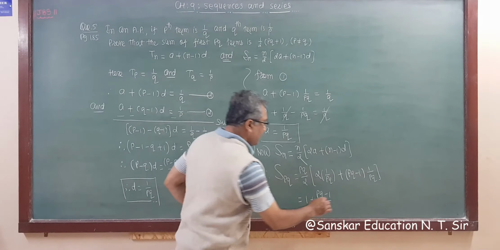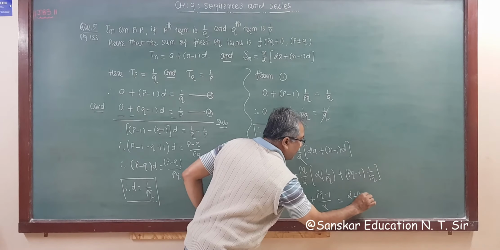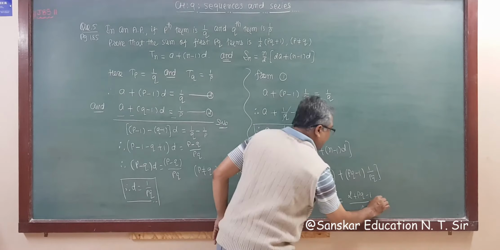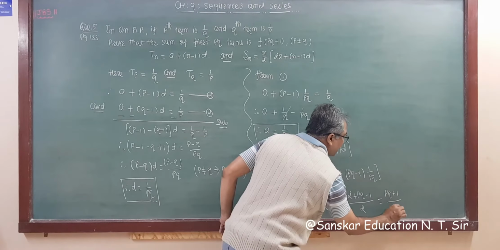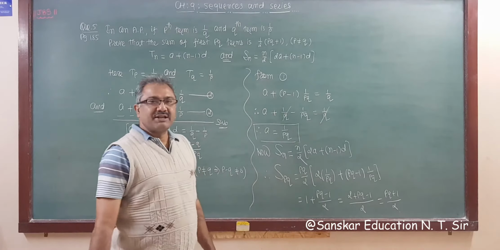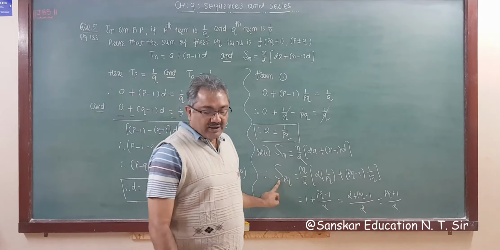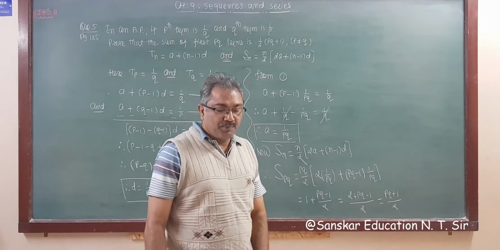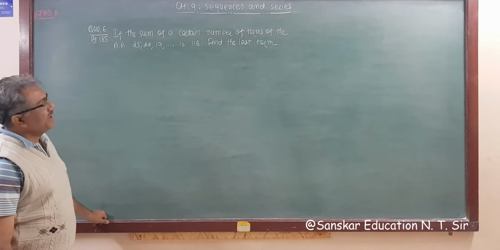Taking LCM, we get (2 plus PQ minus 1) upon 2, that is (PQ plus 1) by 2. That is your answer. So the sum of first PQ terms is (PQ plus 1) divided by 2. Got it?